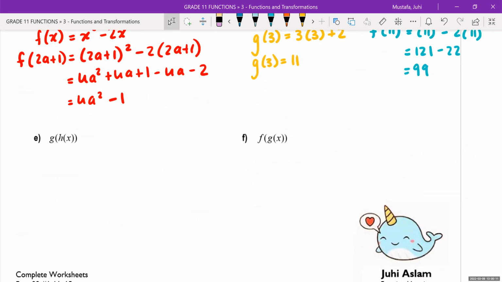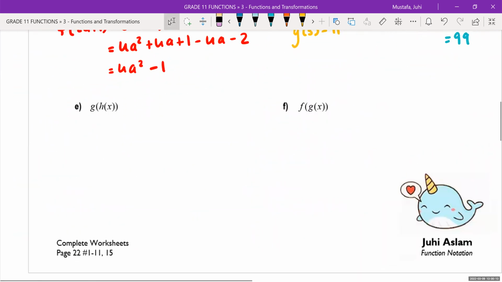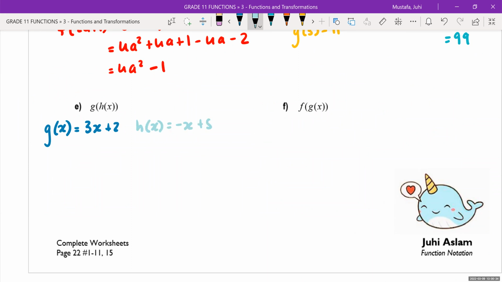How do we solve g of h of x? Okay, let's write out the functions first. So g of x is equal to 3x plus 2, and h of x is equal to negative x plus 5.